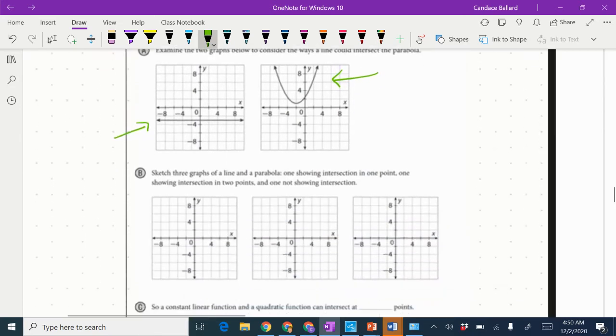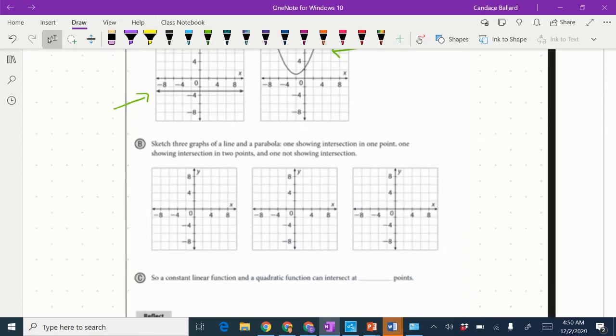So the first way would be maybe where we've got a parabola like this. Maybe not, we don't have to necessarily use that one, but a parabola and a horizontal line. So they could intersect in one place.